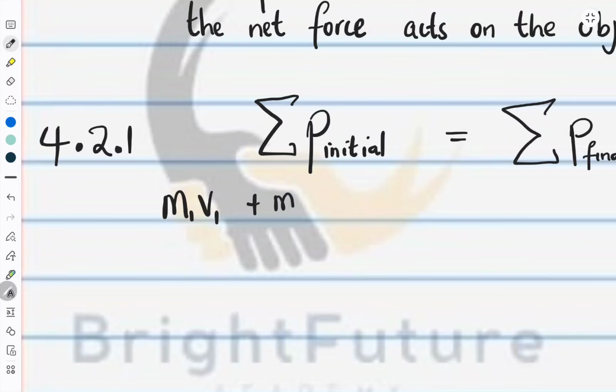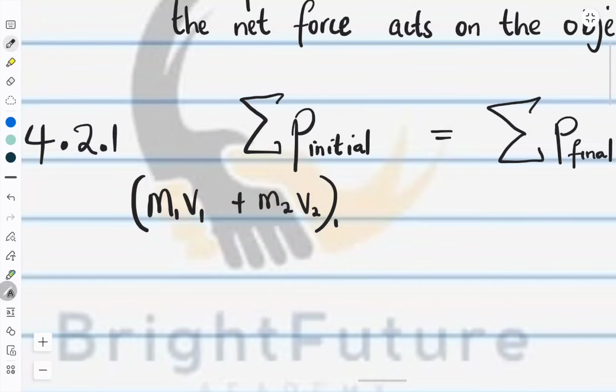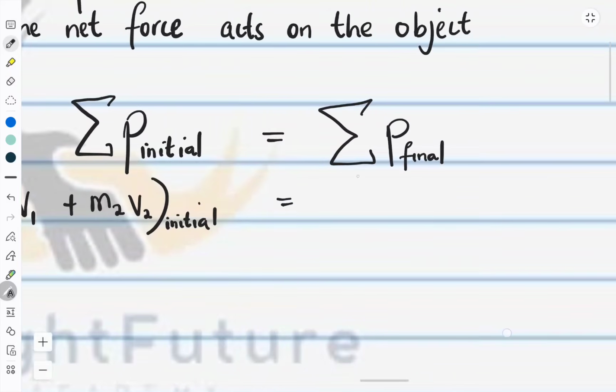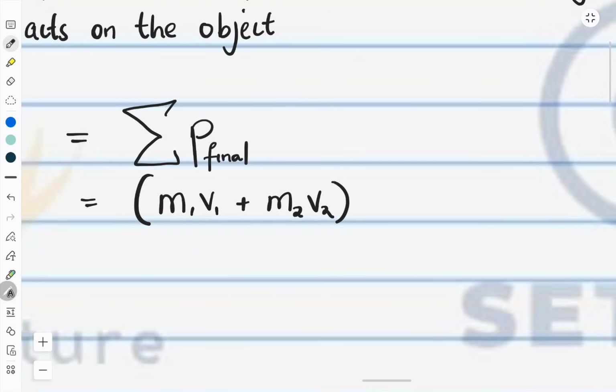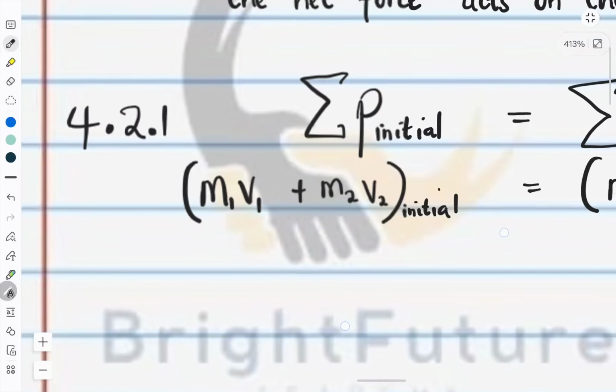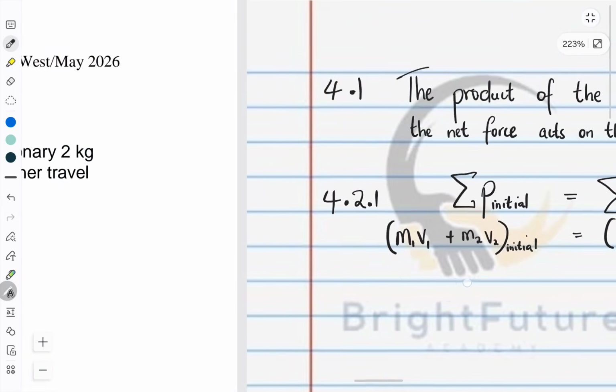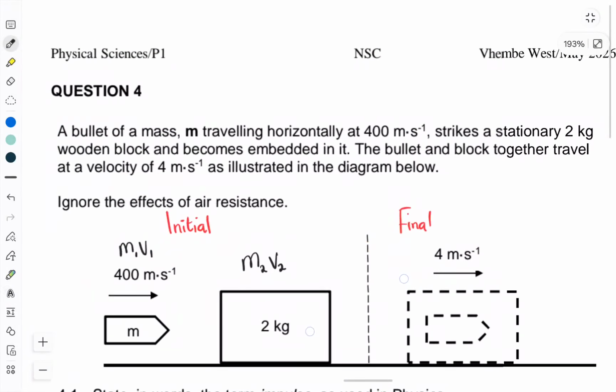So M1 V1 plus M2 V2 initial is simply equal to the sum again, but now in the final state, the sum of the individual momenta of these two objects.